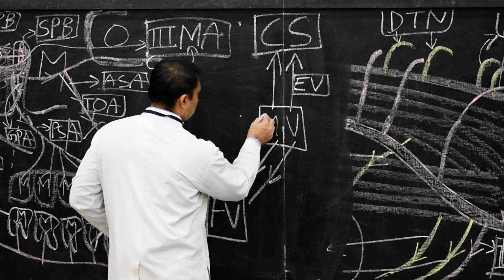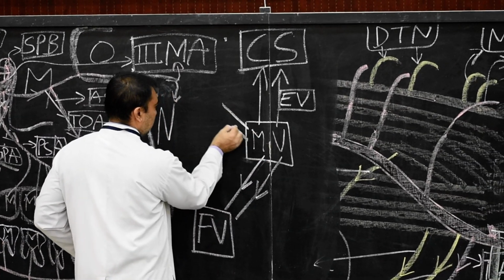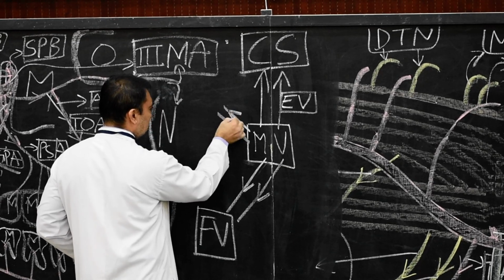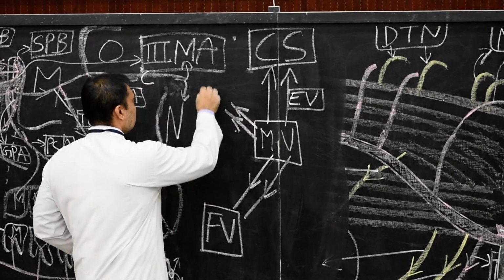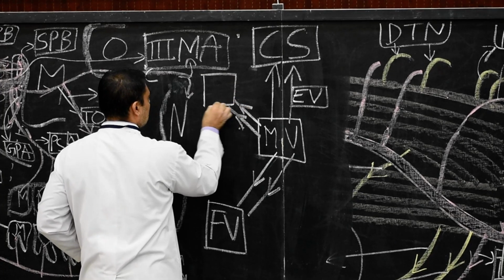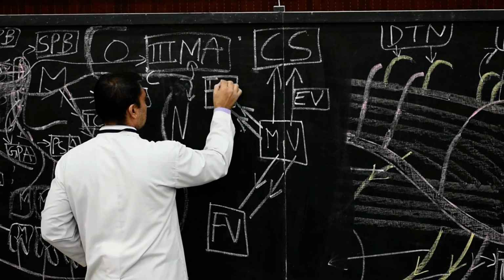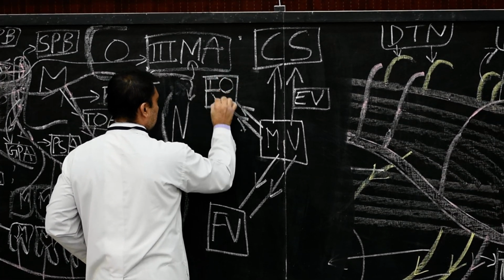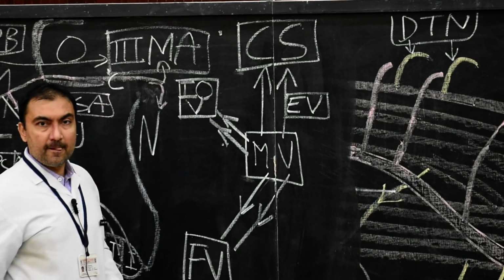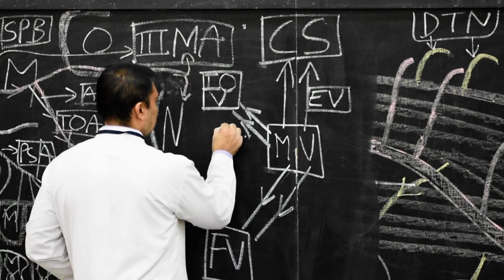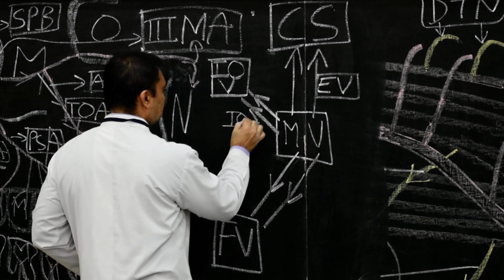The same maxillary vein will communicate with the inferior ophthalmic vein through the inferior orbital fissure.